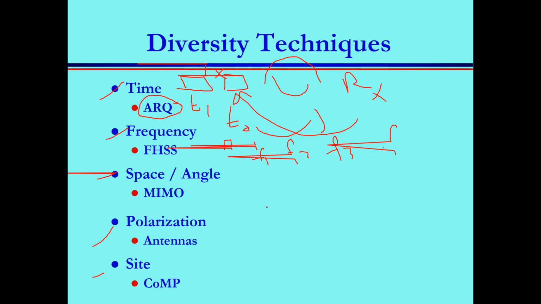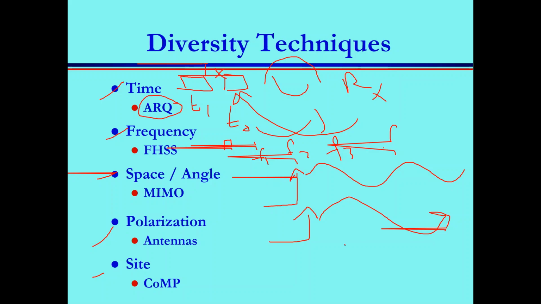Space. With the advent of MIMO technology, you have 2 antennas or more. You transmit your signal from here and also from here. Since the spacing between the antennas is usually more than half a wavelength, greater than lambda over 2, the channel that the first antenna experiences is different from the channel that the second antenna experiences.